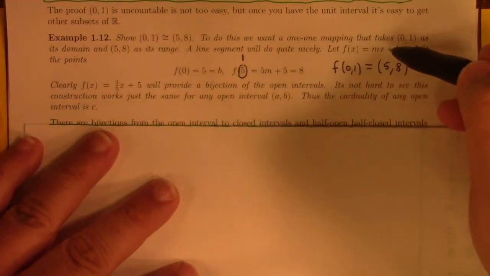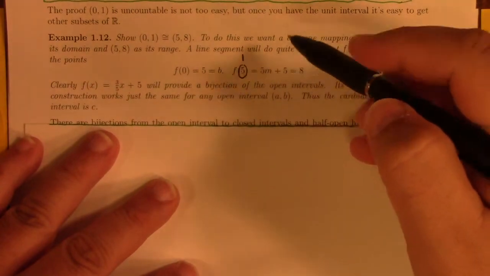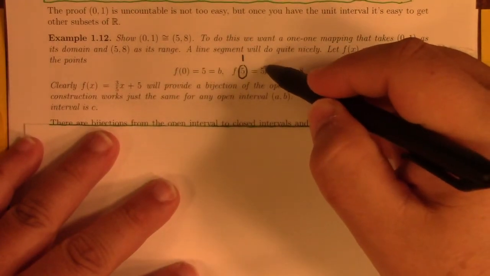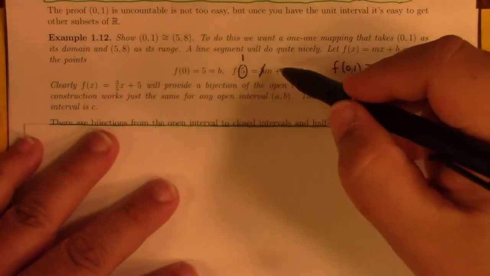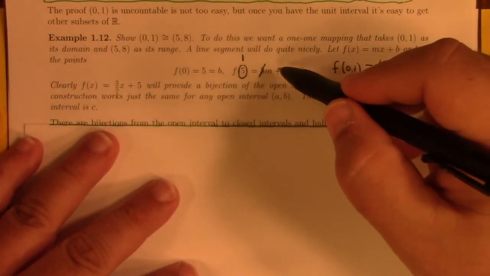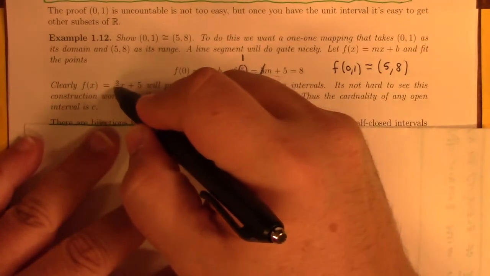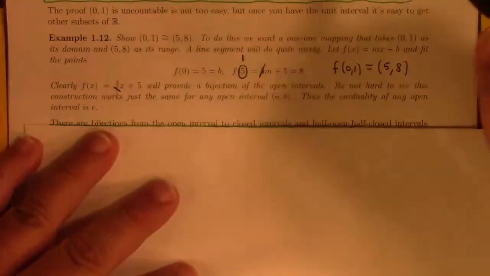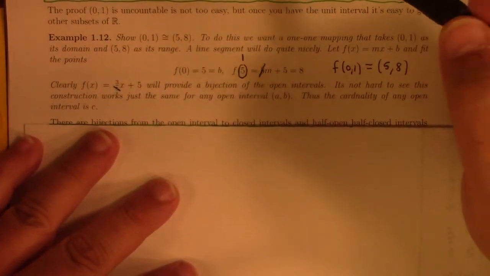So this shouldn't be 5m plus b, this should just be m plus b. That 5 should not be there. Which says to me that m equals 3. So f of x equals 3x plus 5 will provide the bijection, in fact.